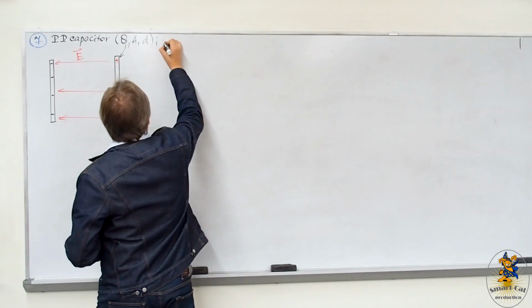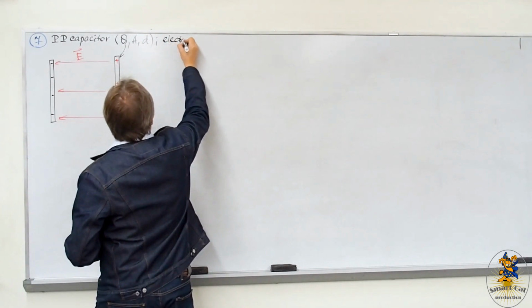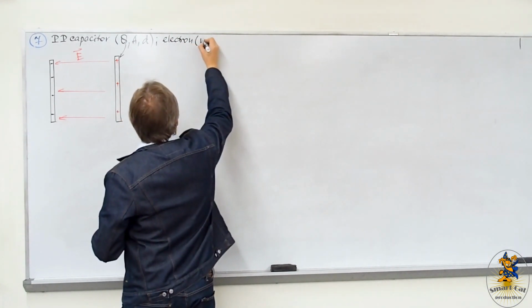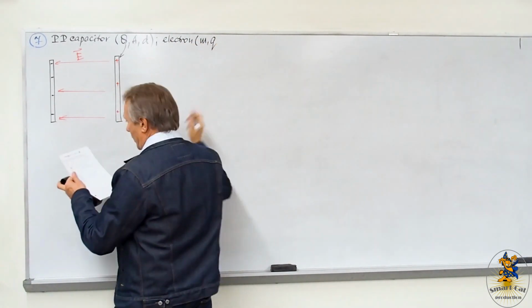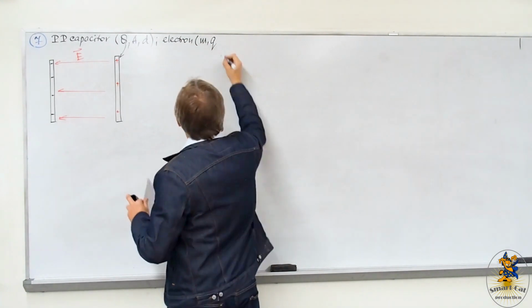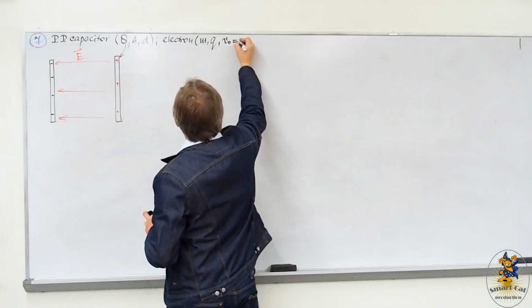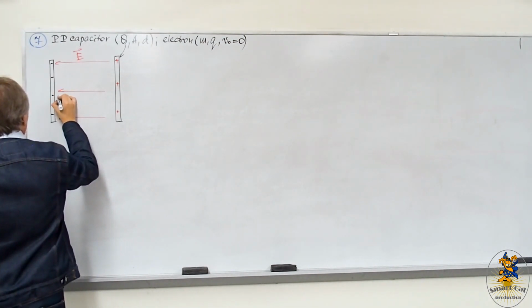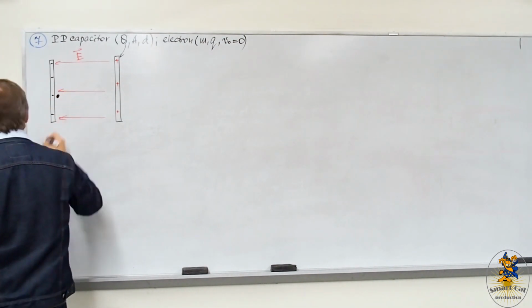Then there is an electron. Of course, mass, you can open the book, charge, you remember, and we also know that the initial velocity of the electron is 0. So it is released from this point, from the negative electrode.